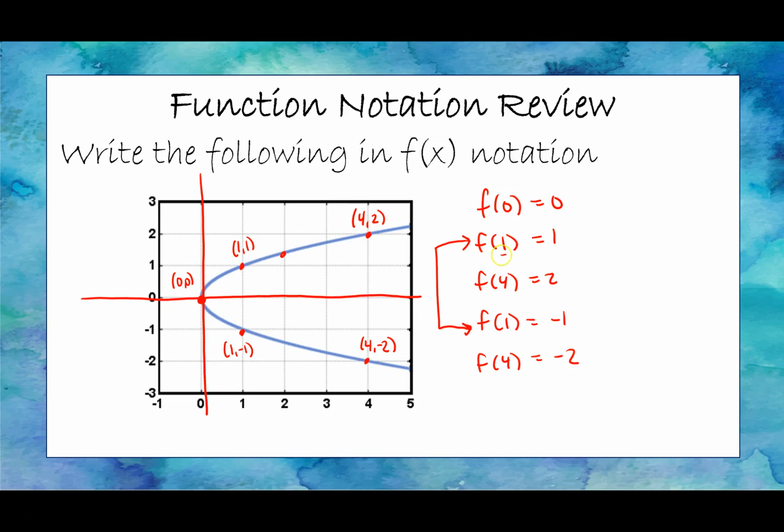We're putting 1 into our function monster, but we just got 2 different numbers out. That's not allowed for a function. And same thing here, if I'm talking about plugging in a 4, sometimes you get a 2, sometimes you get a -2. Not allowed as a function. So this is not a function.